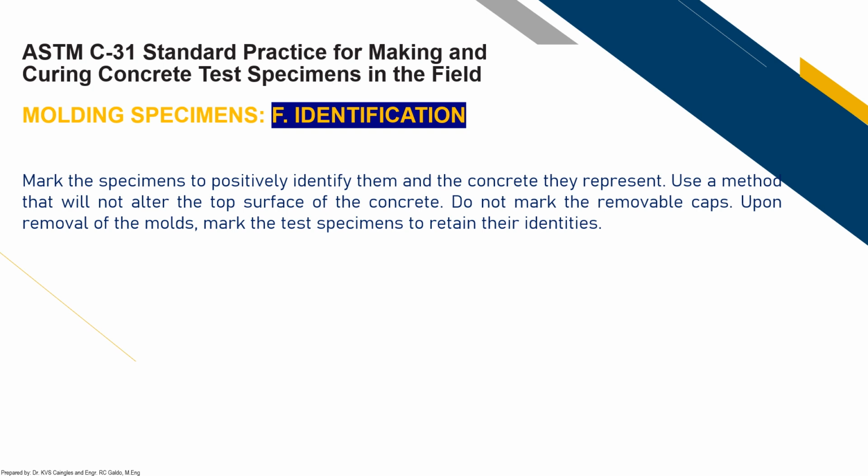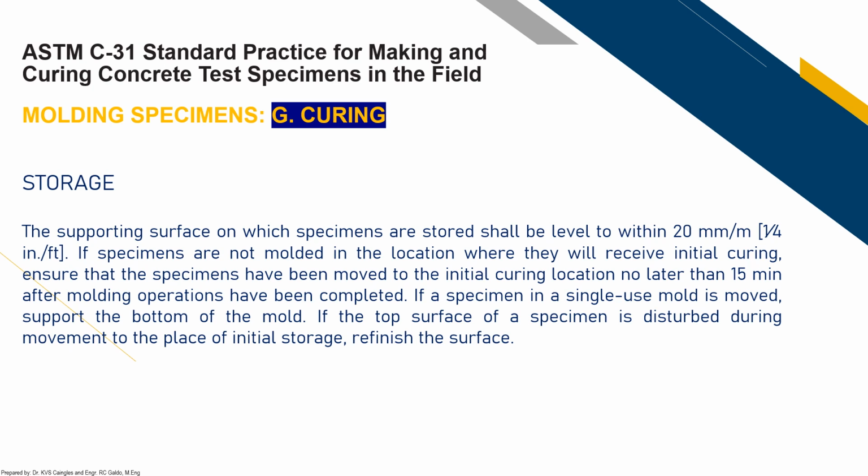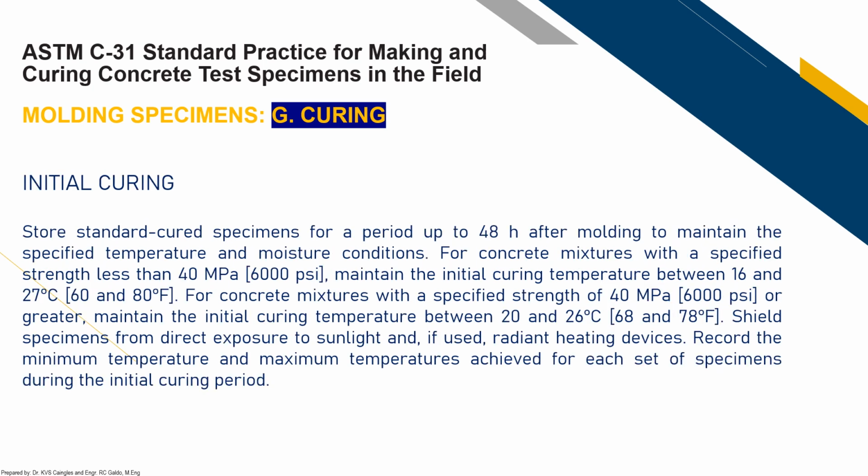For you to be able to identify what each sample represents, you need to put markings there. But not just any markings; you also have to make sure that these markings do not alter through time. Next is curing. For the storage, the curing is almost the same as in ASTM C192.